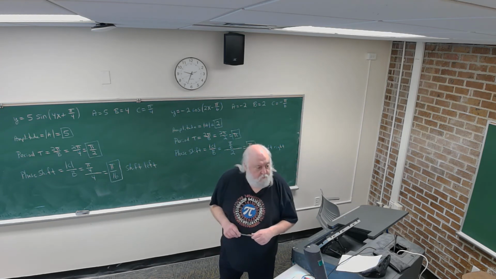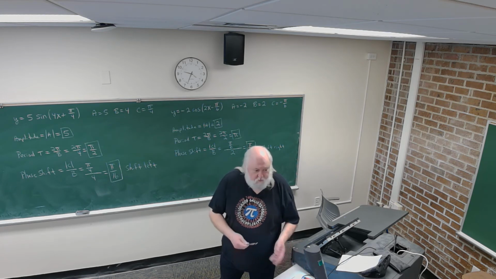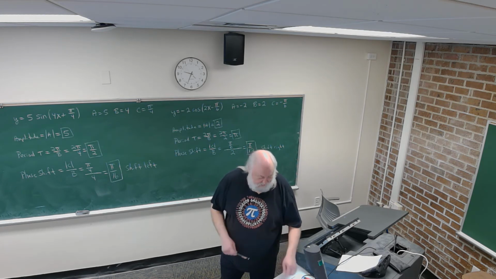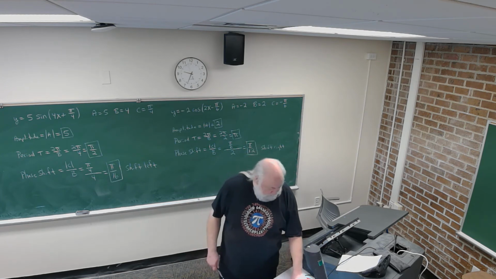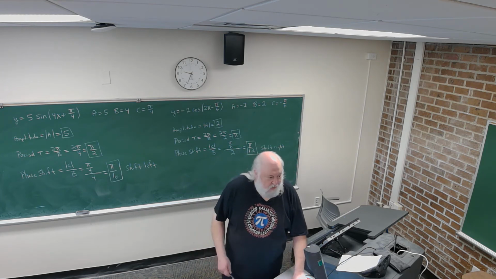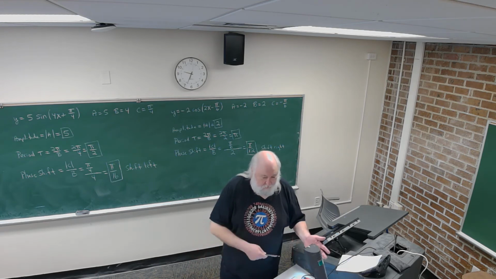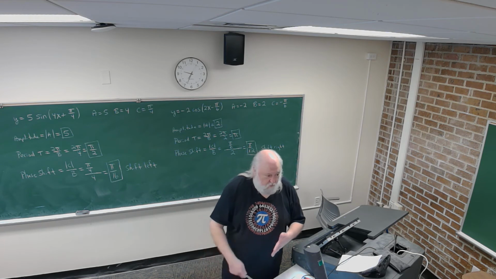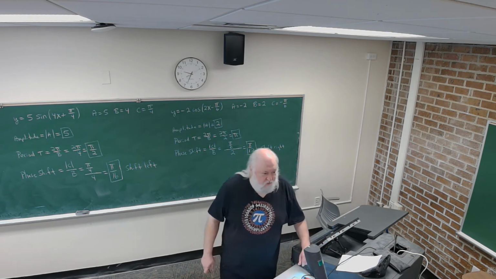Yes, sir. Why not take an average, instead of just counting 1 pi over 8, 2 pi over 8, 3 pi over 8, 4 pi over 8? I could have done that. The numbers were so nice, but a lot of times the numbers aren't that nice. You might be starting at pi over 6 and have to add pi over 4, so you have pi over 6 plus pi over 4, and the denominator keeps changing.